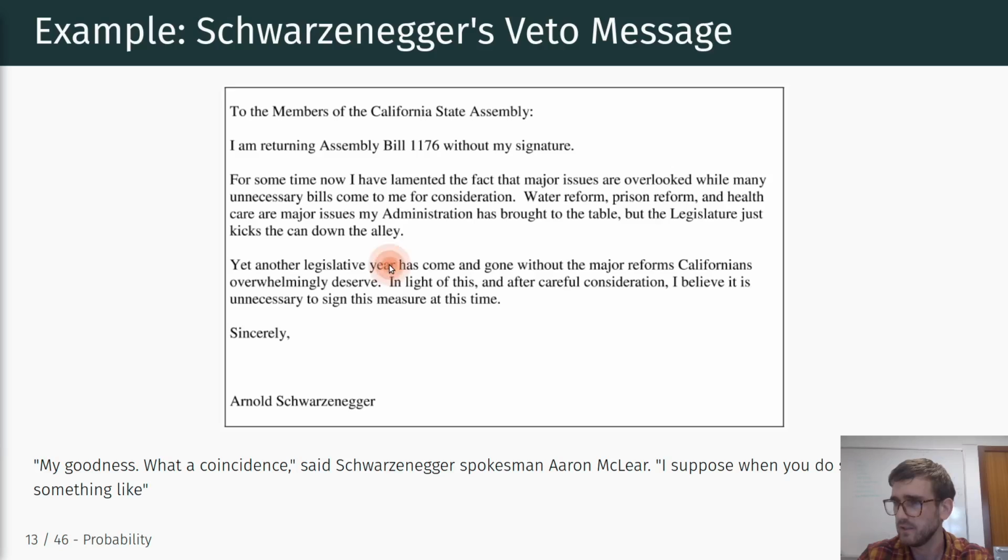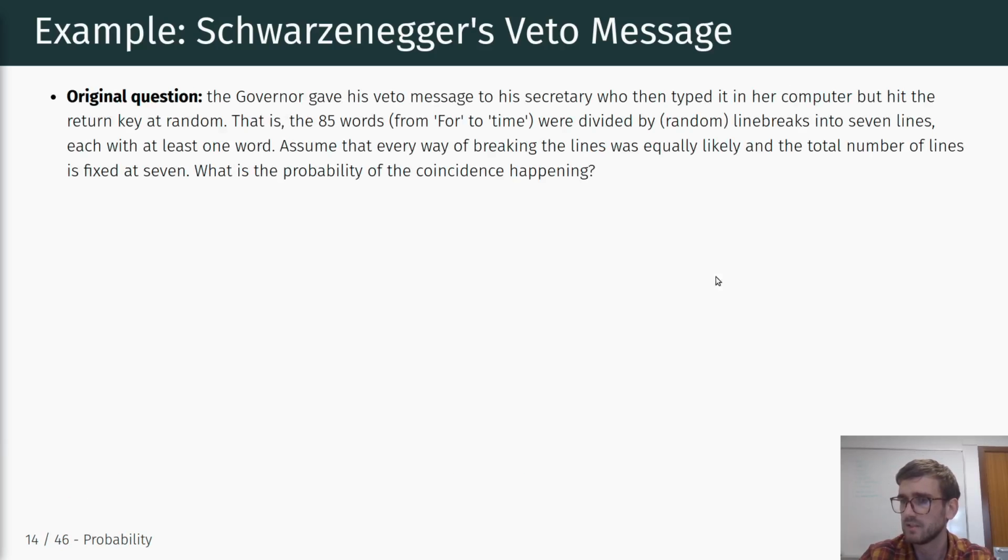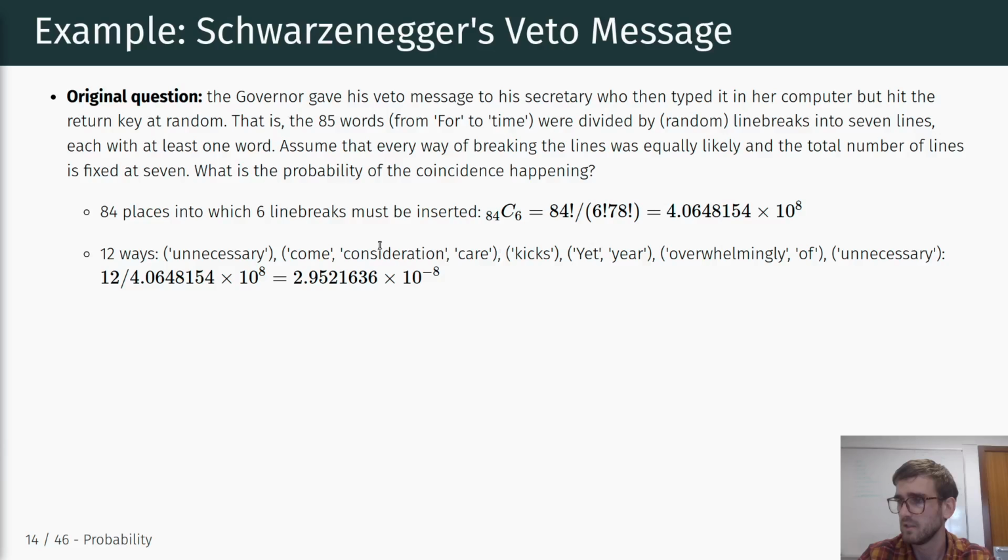"Yet" and "year" are two different alternatives. "Overwhelmingly", and so on. Okay, so essentially, "yet" and "year", "overwhelmingly", "off", and then "unnecessary" is just one.